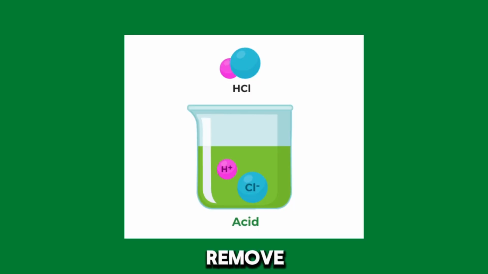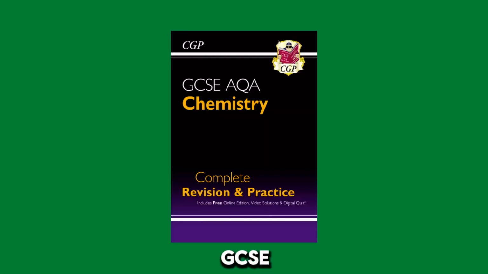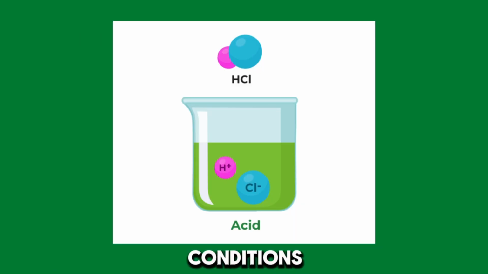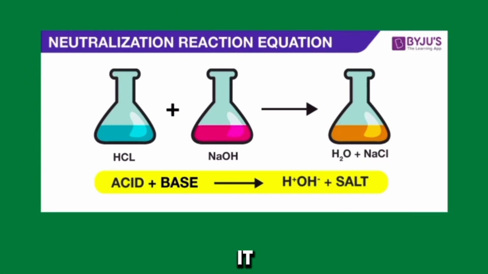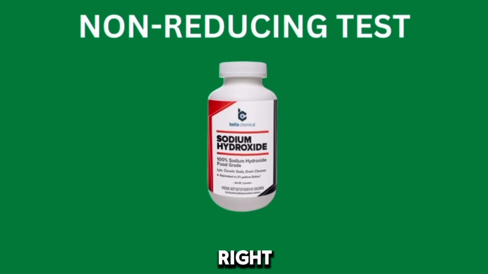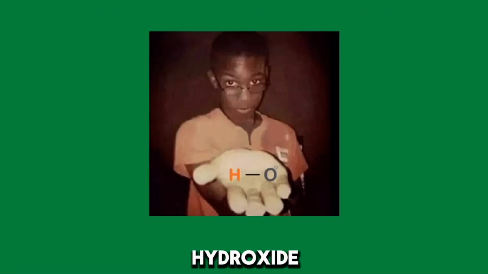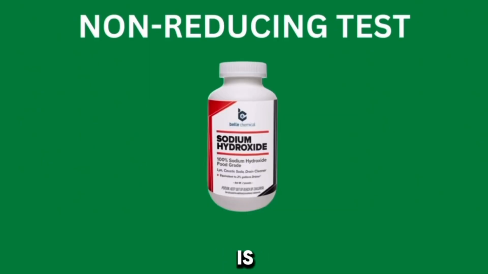So in order to remove the acid, think back to your GCSE: in order to get rid of acidic conditions, we need to neutralize it. And the way we neutralize an acid is to add an alkali, a base, something that can give us hydroxide ions. So the best thing we can do is add sodium hydroxide.